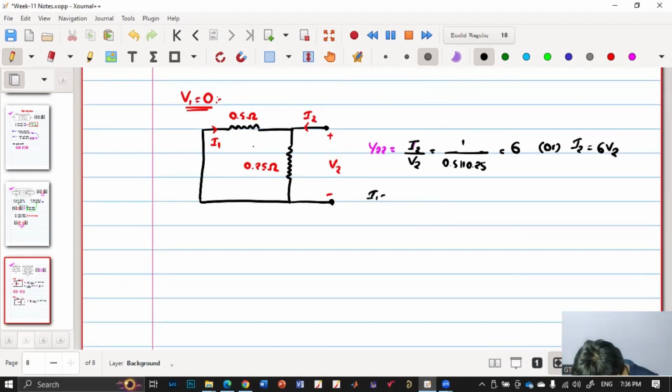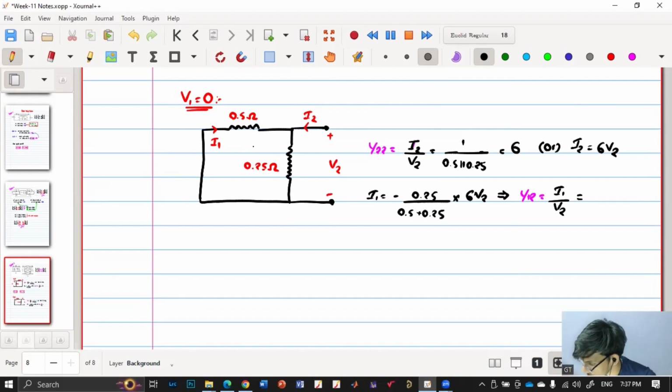So I1 is minus 0.25 by 0.5 plus 0.25 into I2, which is 6 V2. That implies I'll get Y12, which is I1 by V2, which is minus 2, right?